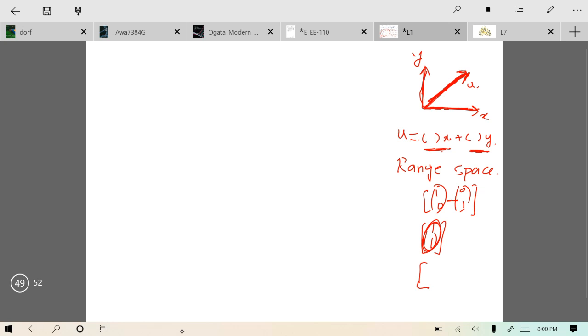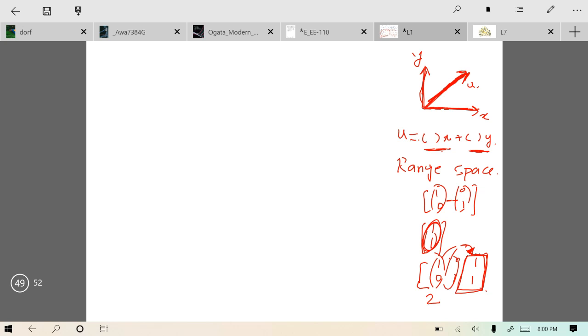Just to refresh your concept, if I write this vector over here, then what is the rank of the system? Obviously here you have two rows, then you can see the rank of the system is 2. However, if we have multiple rows and these two vectors are linearly independent, and this vector is made with the help of these two vectors, then the rank of this matrix is 2, because there are two linearly independent vectors, or two orthogonal vectors which serve as a basis.